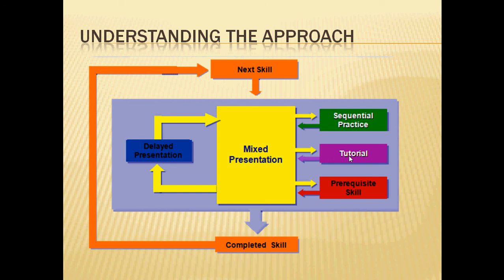And then the prerequisite skill is when the student receives exercises from previously presented skills. A student can see this intervention mode a total of 20 times. After 20 times, the student will then move into what is called the delayed presentation mode.